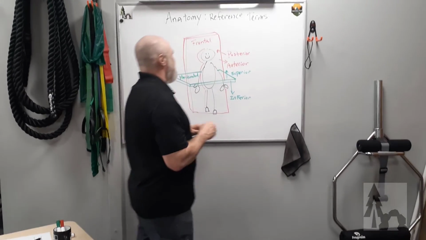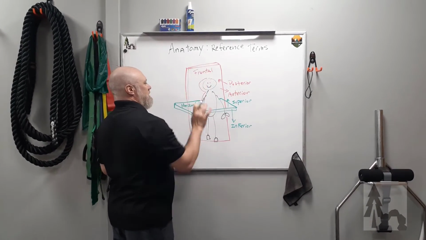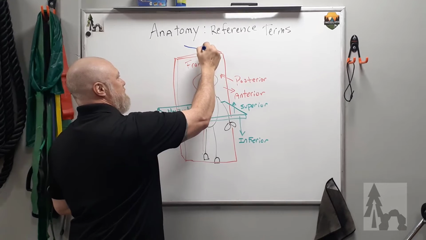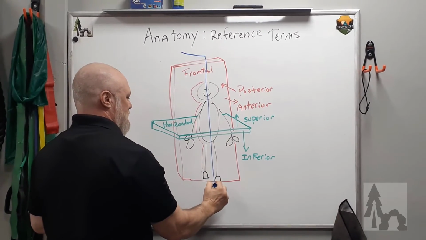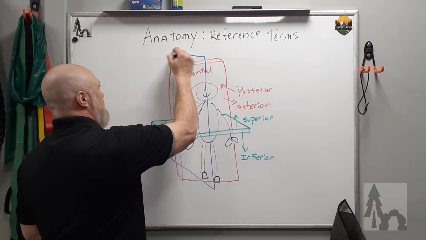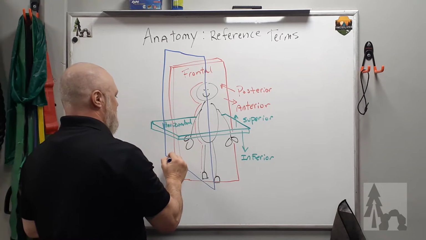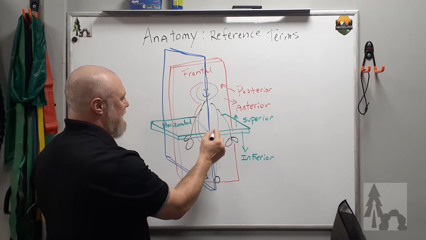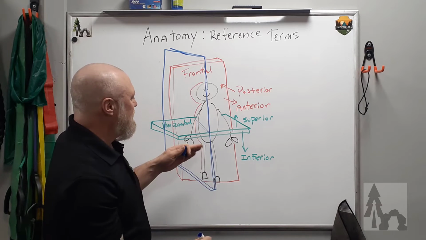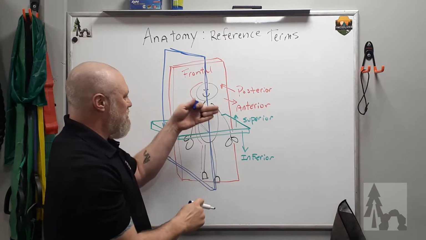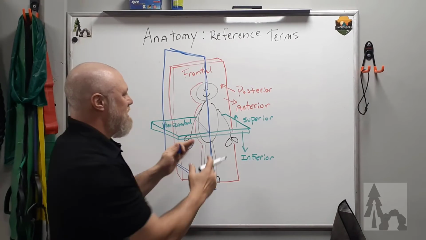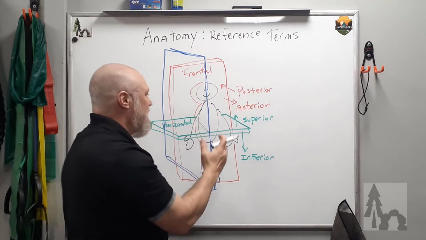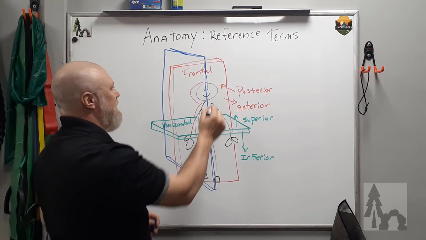The next plane is, because these are orthogonal, the next plane is going to cut our little anatomic dummy straight down the middle. And since it's orthogonal to that green plane and the red plane, you get these 3 degrees: front and back, up and down, and this one's going to divide us into a left and a right.